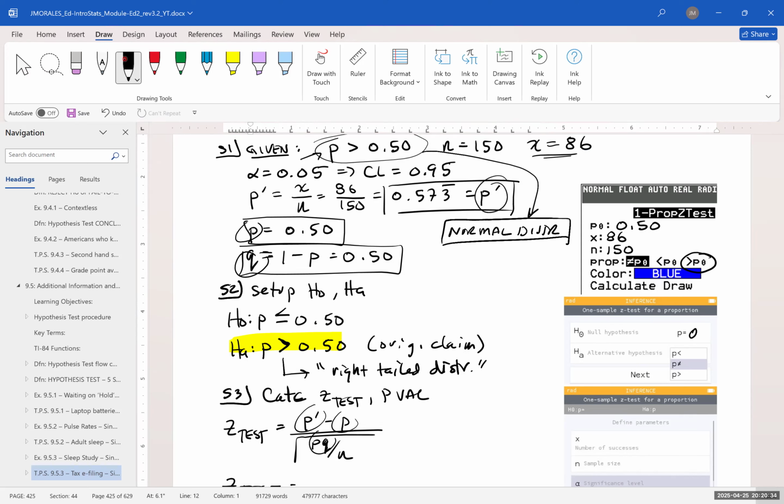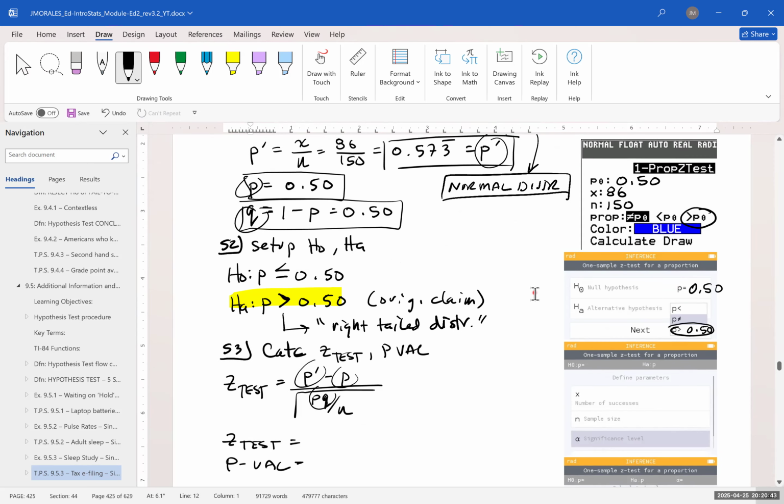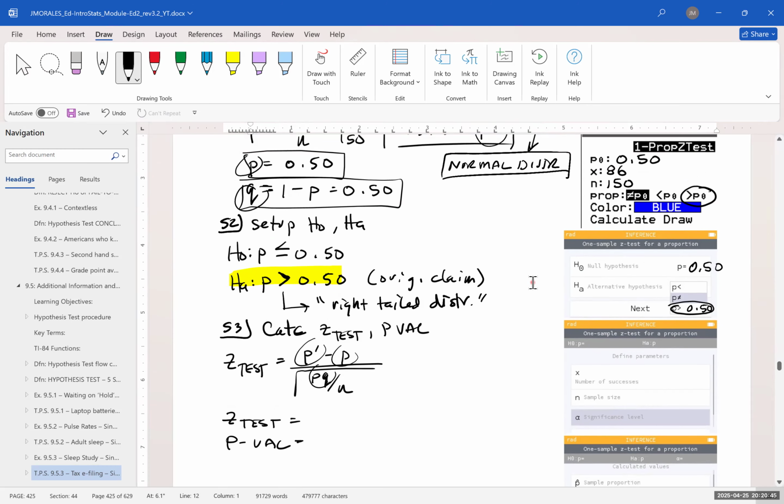Okay, so on the NumWorks, that's going to be 0.5. We have p greater than 0.5. Now let's scroll down. The number of successes we have is 86 out of 150 with a significance level of 0.05.